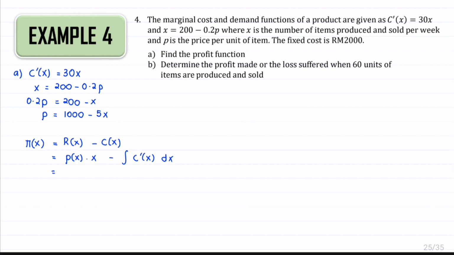So we get revenue (1000 minus 5x) times x minus the integral of 30x dx. Then we solve, we get 1000x minus 5x squared minus 30x squared over 2 plus c.